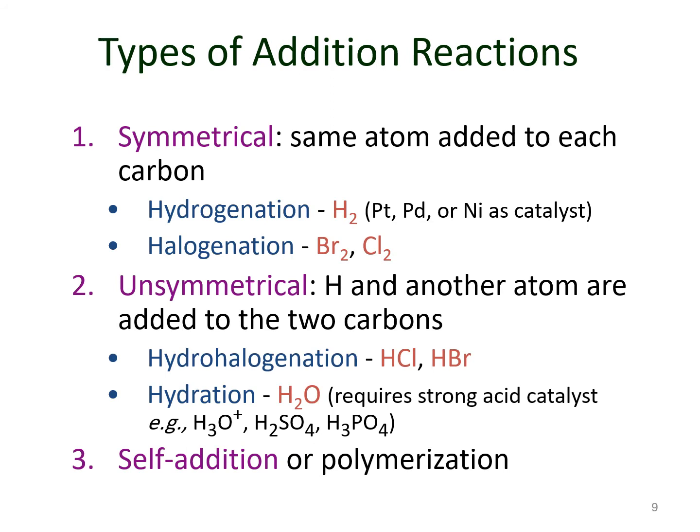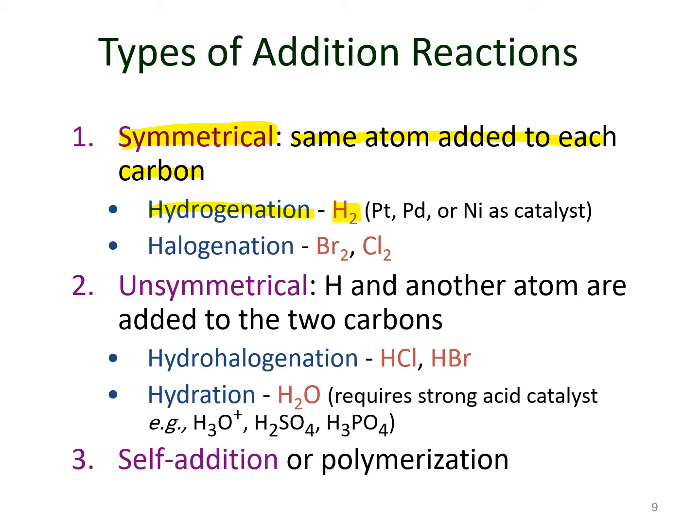Here is another way of classifying these addition reactions and the different types. One type is known as symmetrical reactions, and these addition reactions are the ones in which the same atom is added to each carbon. So both the carbons take up the same atom, and the examples are hydrogenation, in which there will be addition of the hydrogen molecule or hydrogen gas.